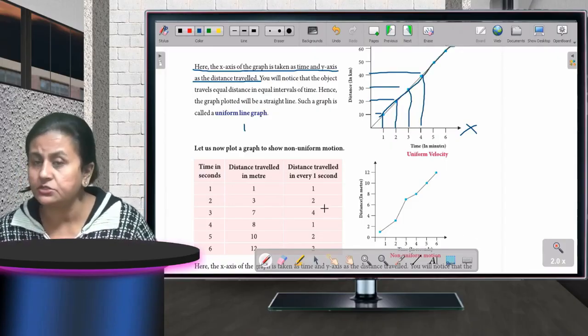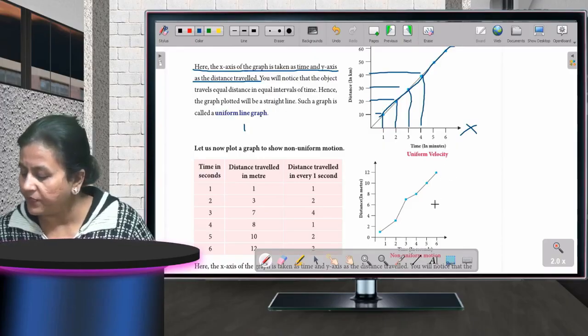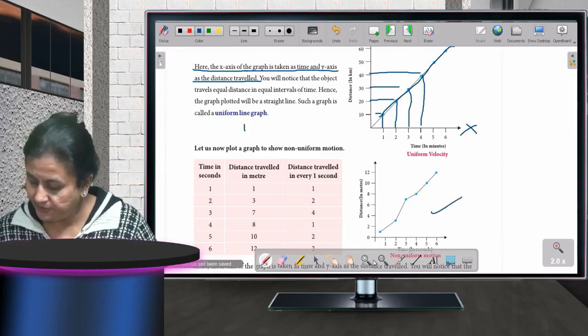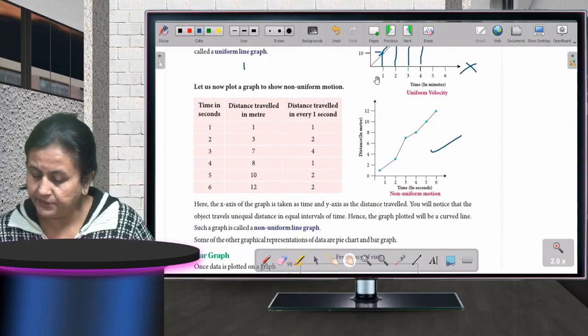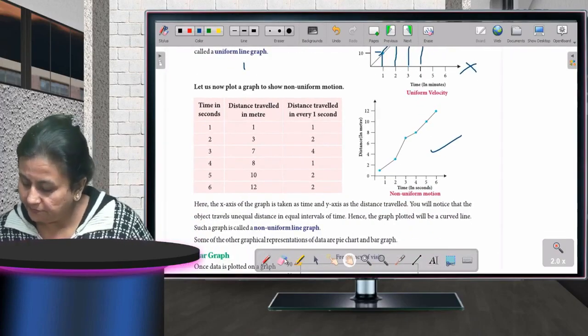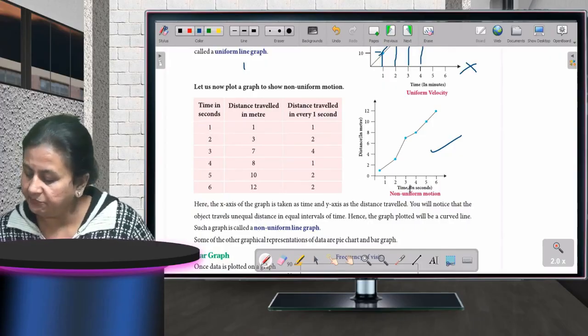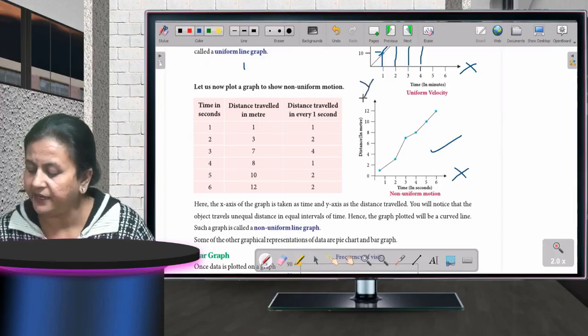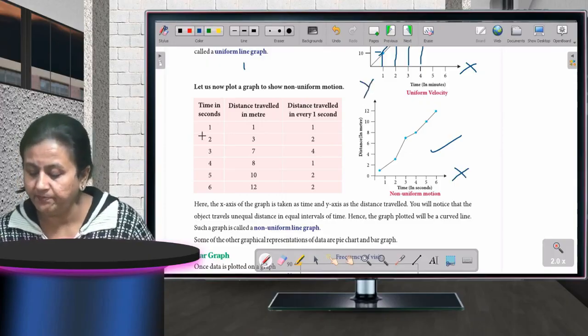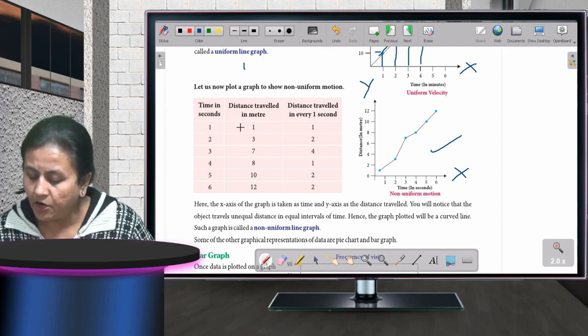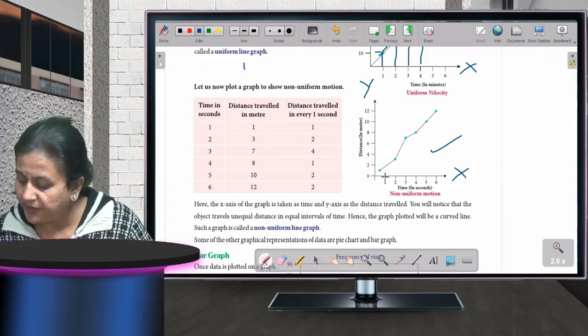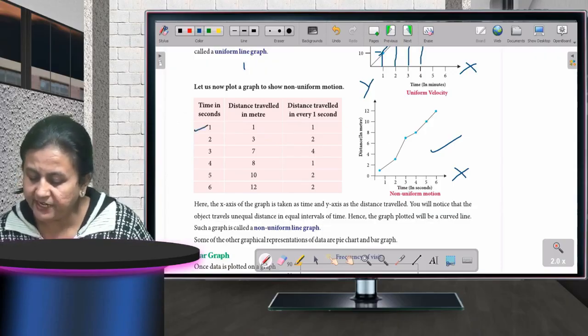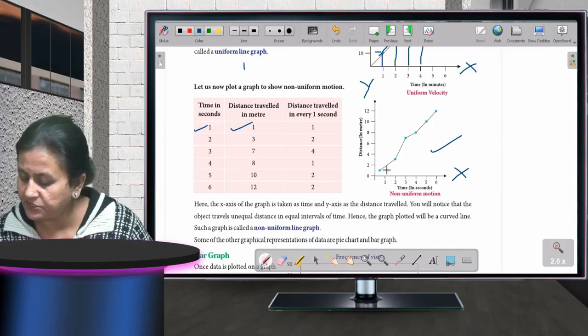If it is not coming in a straight line, as you can see in the next graph, here the time is in seconds on the x-axis and the distance traveled is in meters on the y-axis.